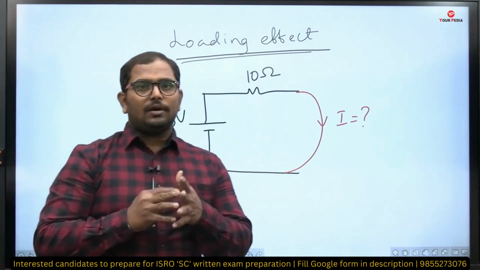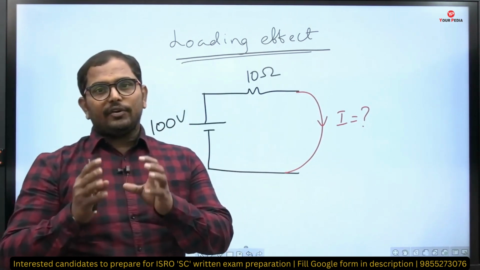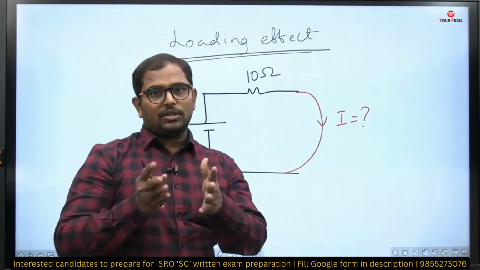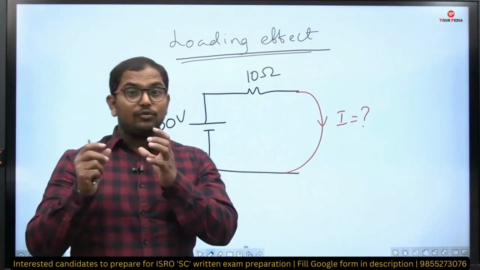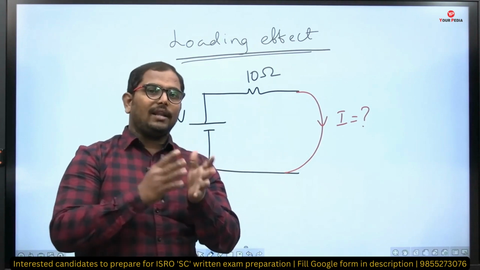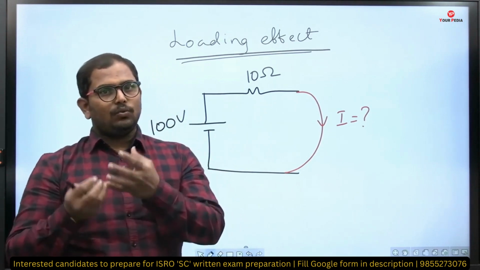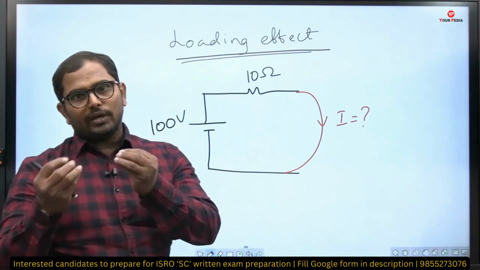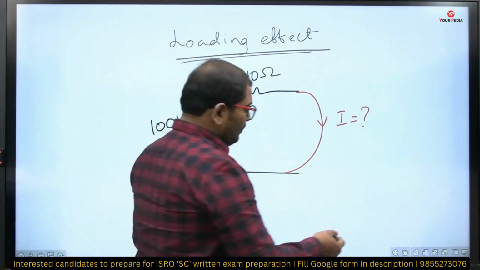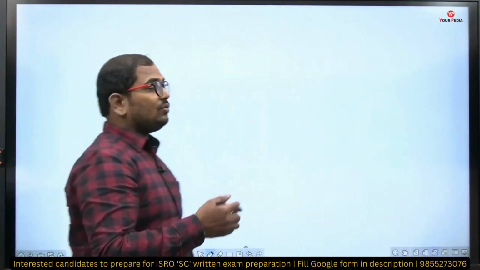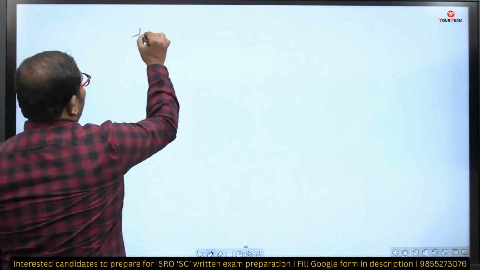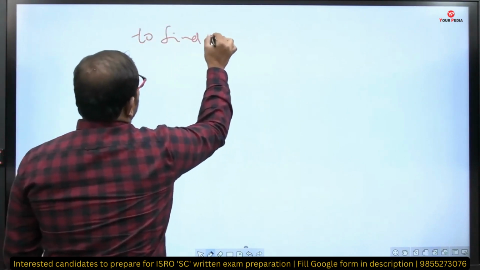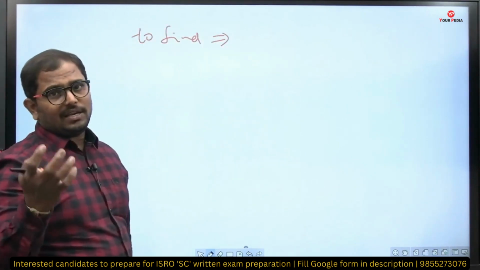How will you measure the current usually? If you understand how to measure current in any lab, you will use a meter. We call it an ammeter. To find the current, we will use different concepts like KCL, KVL, Ohm's law.